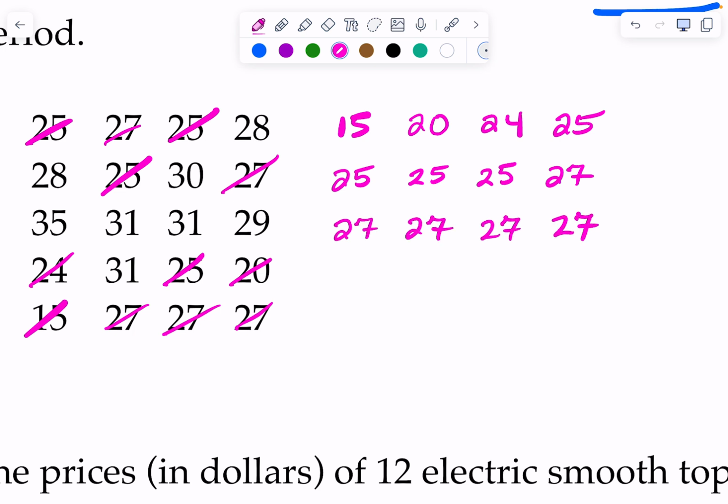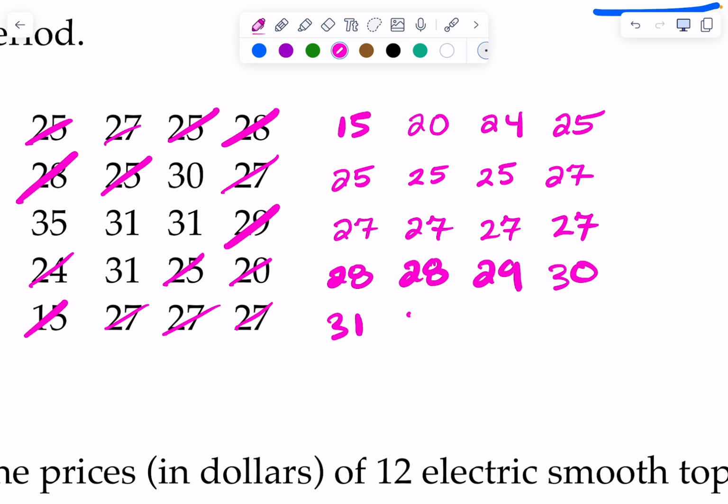I'm doing this exactly the same way as what they had set up before, right? 2 28s, 29, a 30, 3 31s, and a 35. And now I know I have them all because I did them exactly the same setup as what they had.